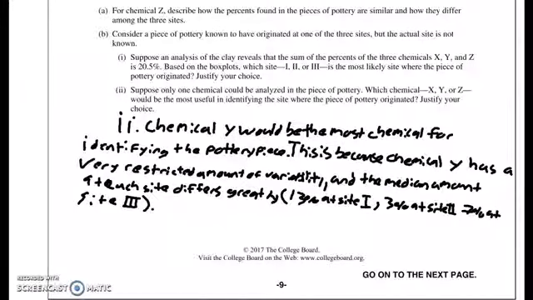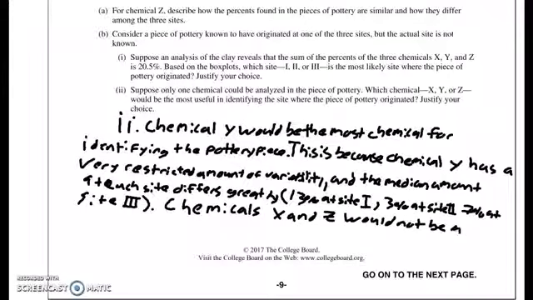And then just because it wants full justification of the choice, we can say that chemicals X and Z would not be a good choice, because there's a lot of intersection between the box plots for these chemicals.